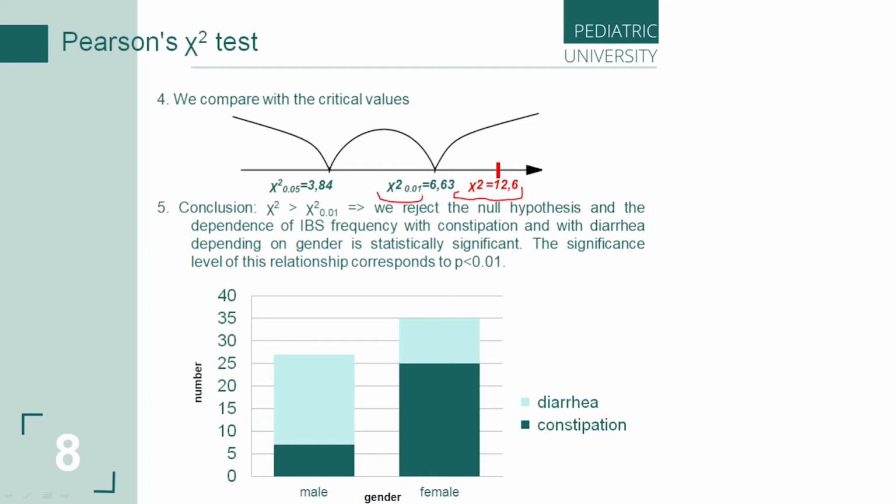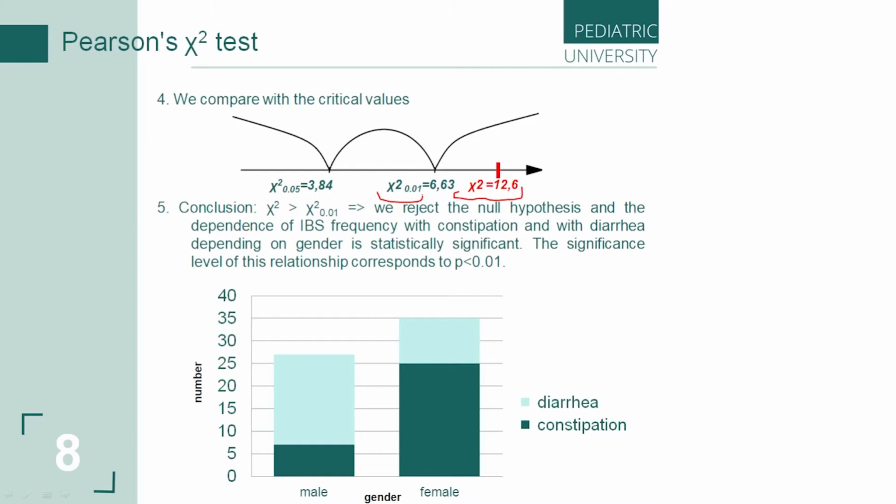Accordingly, the null hypothesis is rejected with the confidence level 99%, and the dependence of irritable bowel syndrome frequency with constipation and with diarrhea on gender is statistically significant.